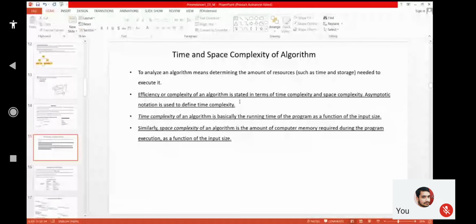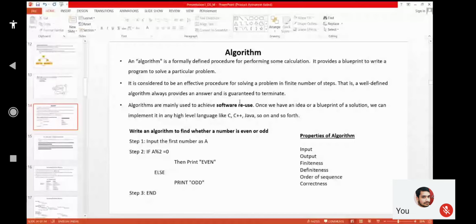Sir, finiteness is included in the properties of an algorithm. Is there any situation where there may be an algorithm with no finiteness? No finiteness means infinite, an infinite number of instructions.